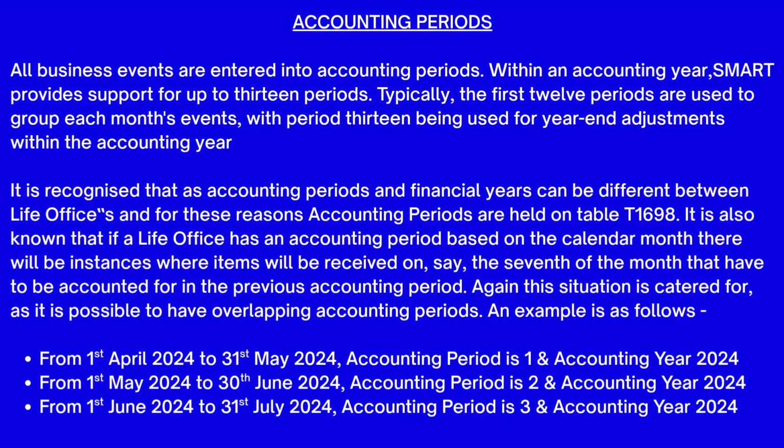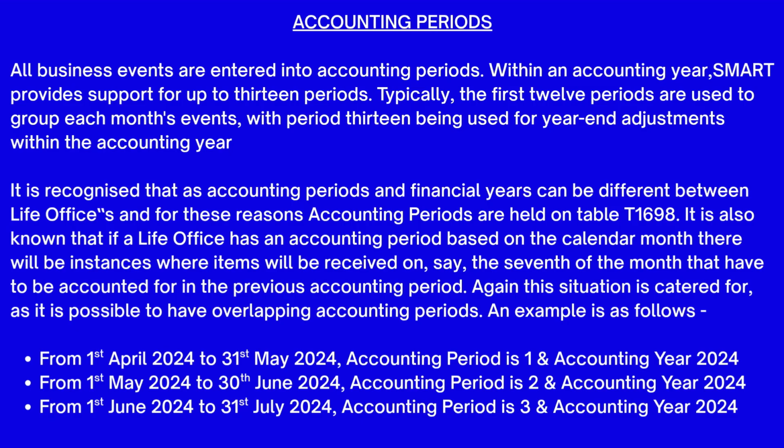It is also known that if a Life Office has an accounting period based on the calendar month, there will be instances where items will be received on, say, the 7th of the month that have to be accounted for in the previous accounting period. Again, this situation is catered for, as it is possible to have overlapping accounting periods. An example is as follows.